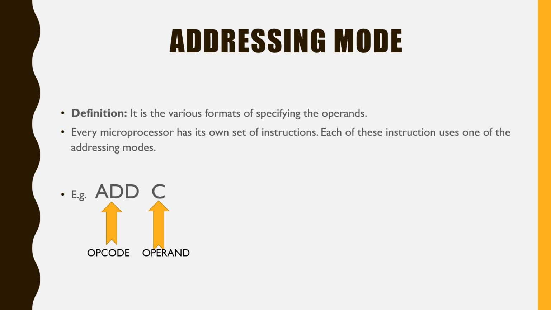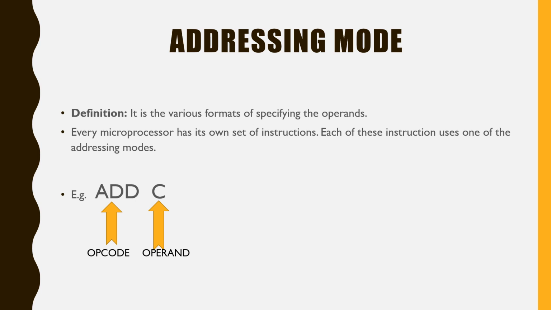So once again, what is addressing mode? It is the various formats of specifying the operands. In the slide, they show ADD C, where C is the operand. Here I am specifying this C with the ADD opcode.